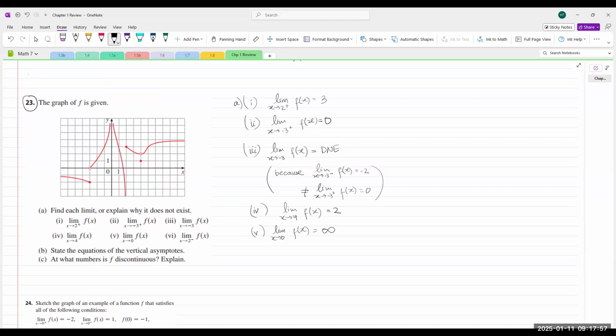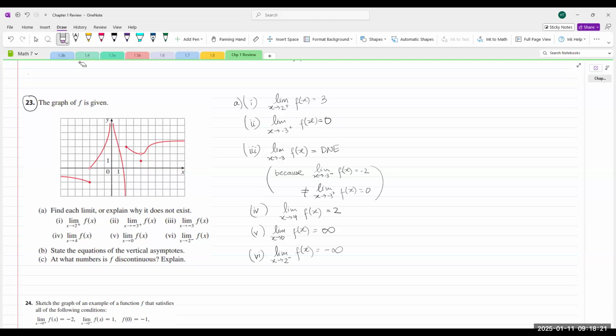Point number 6, the limit as x approaching 2 from the left-hand side of f(x). This is x equals 2, but when you approach from the left-hand side, you see that the graph goes to negative infinity.